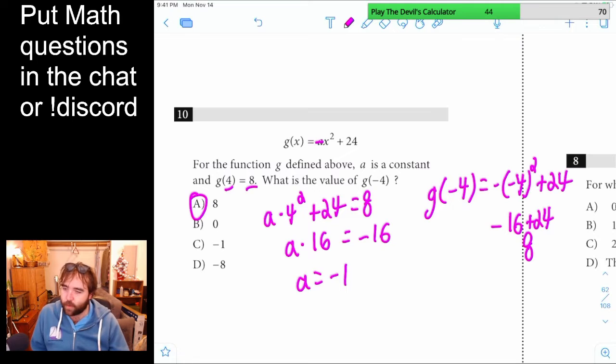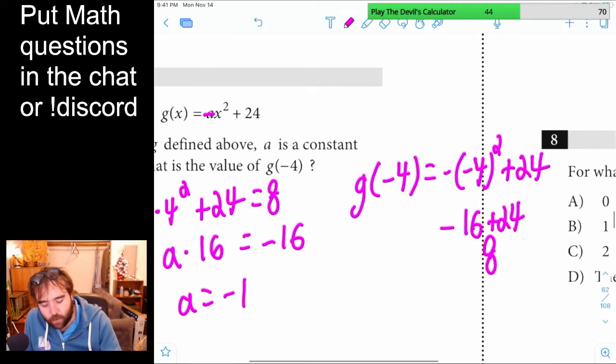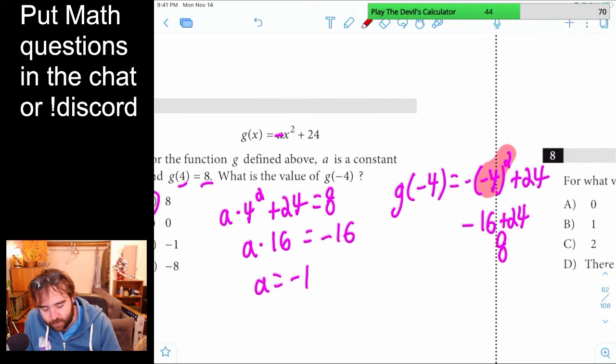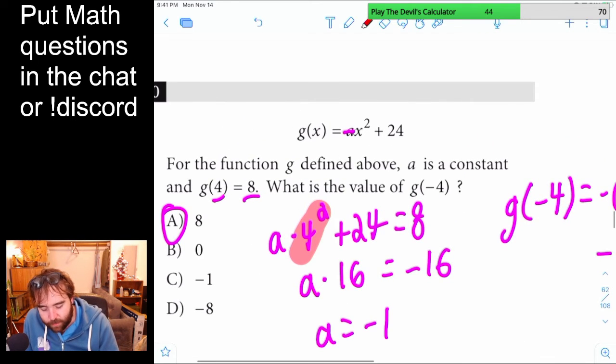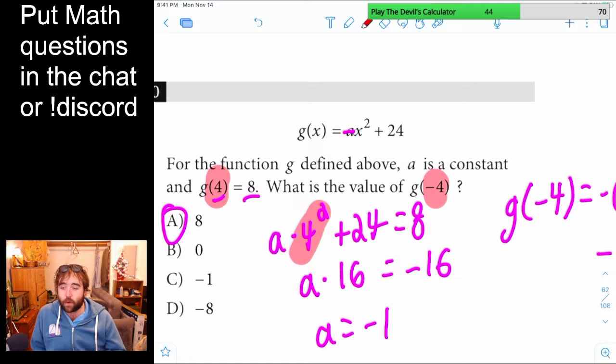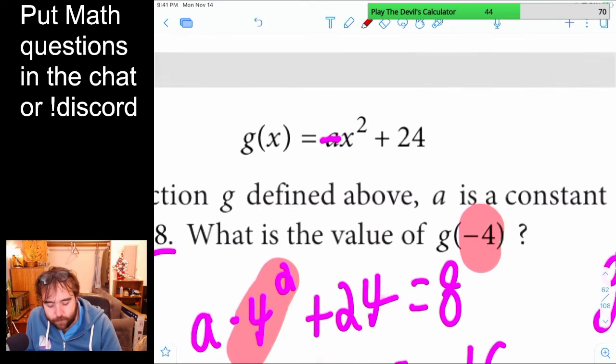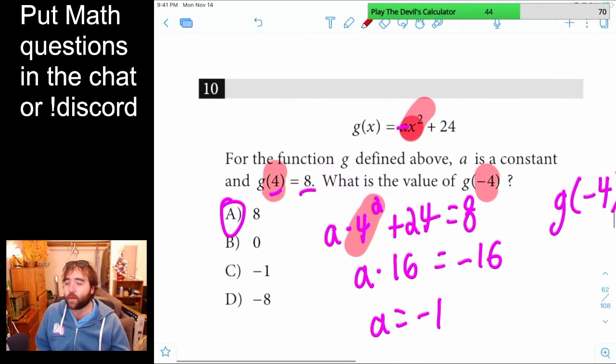But do you see the short way? It's a little more apparent, I should say, once we've solved this. Look at what we're doing. We're plugging in a positive 4 and a negative 4, and all we're doing to it is squaring it. So whether we plug in a positive 4 or a negative 4, it doesn't matter.